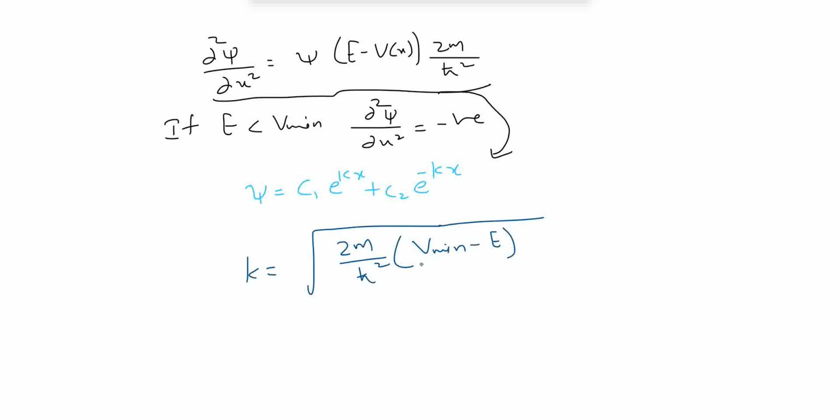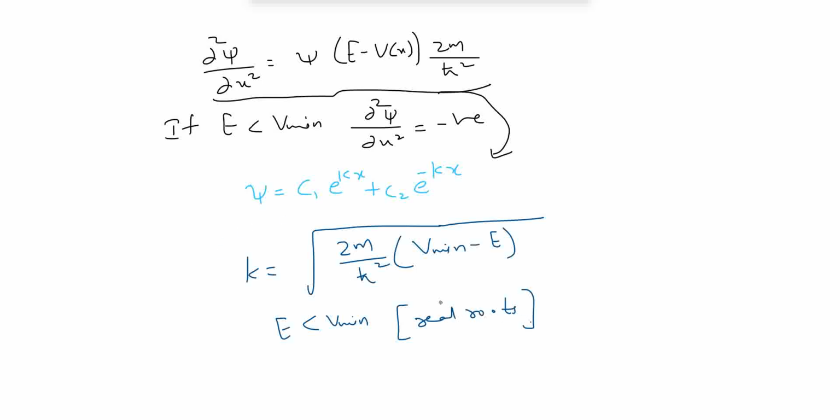So what happens when E is less than V minimum? We get real roots.